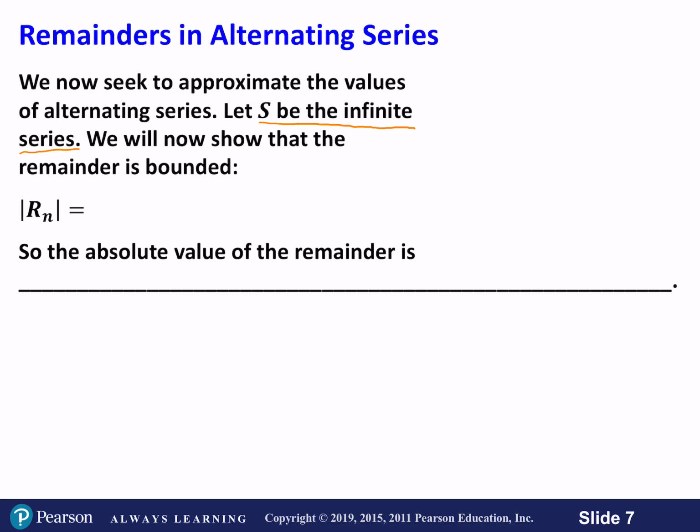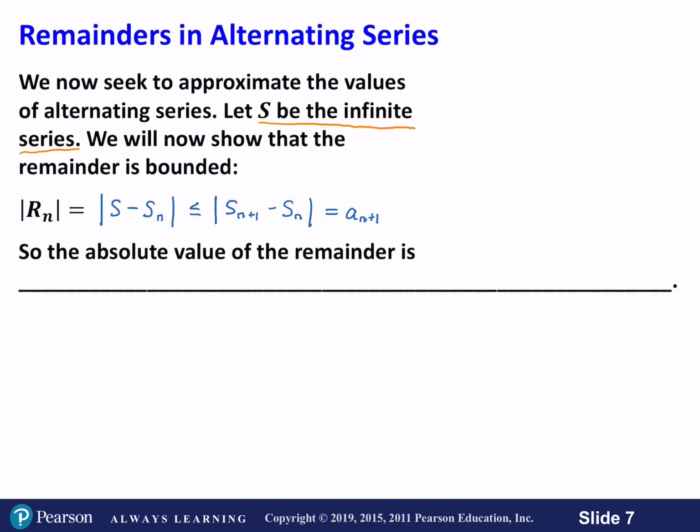The absolute value of Rn is equal to S minus Sn. That is less than or equal to the absolute value of Sn plus 1 minus Sn, and that is equal to An plus 1. All right, so I'm just going to write that down, and I'll try to explain it with a picture in a second.